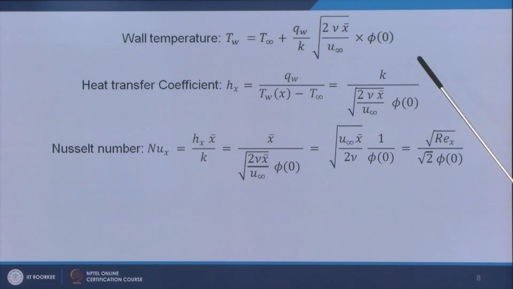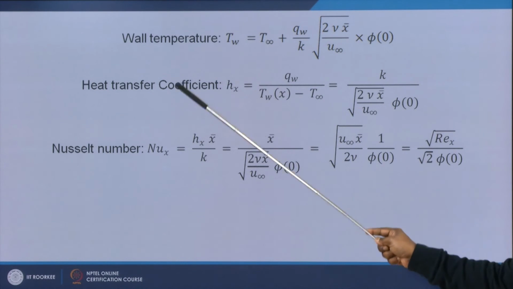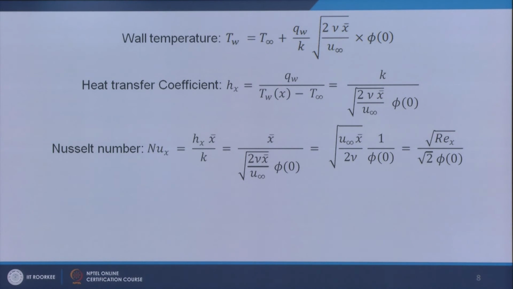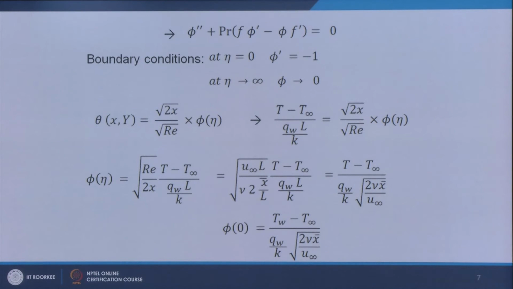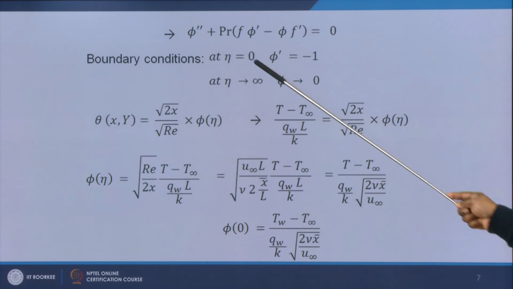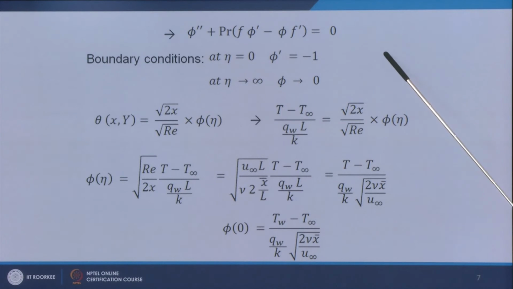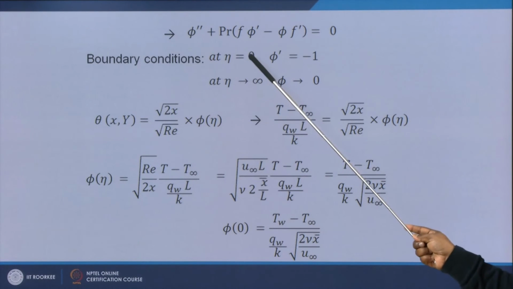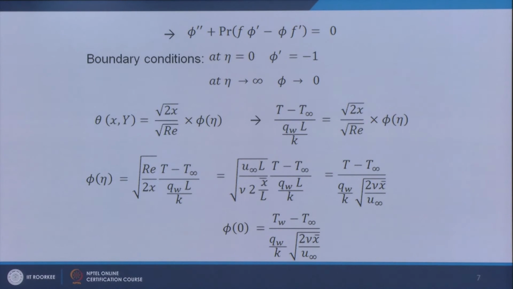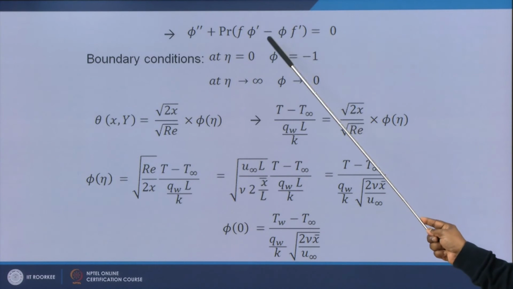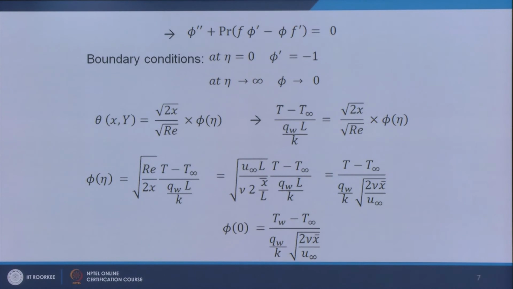So we have found that if we can get this phi 0, then the wall temperature, heat transfer coefficient and Nusselt number can all be calculated. By the way, to obtain this phi, we need to do the solution of this equation along with these boundary conditions. The solution of this equation is coupled with your Blasius equation, the f equation, which we have already shown in the previous lectures, which is nothing but f triple dash plus f double dash equals 0, along with the boundary conditions.